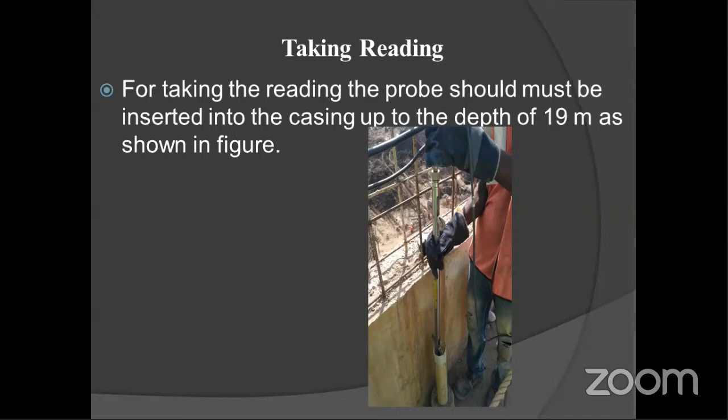Generally we are going to take three readings, which we make our base reading, so that we do not excavate all at a time; we should excavate step by step, so that we can check the deflections whatever they are.